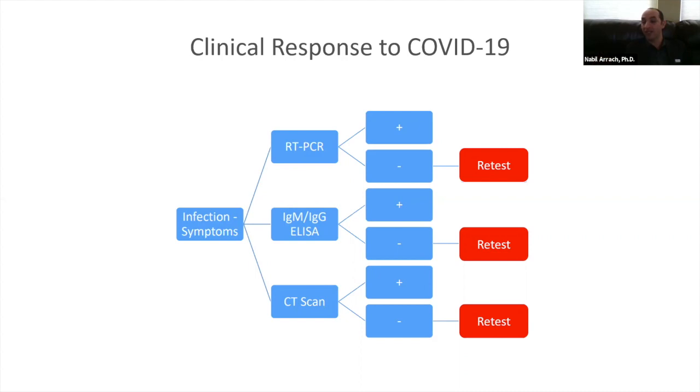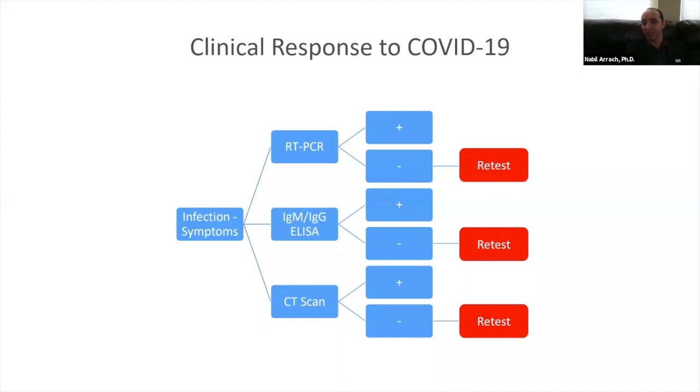You can go and look at their antibody and see if they have been infected in the past. That will give you an idea if they have been exposed. If they are positive in IgG, then that's a green light. You can proceed with the cycle.